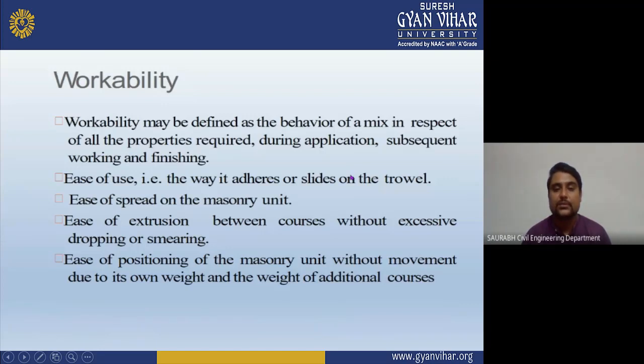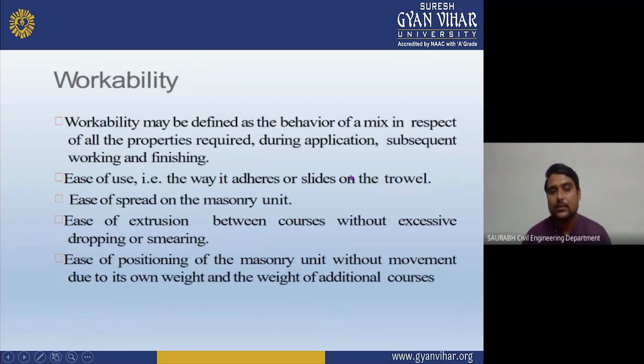Ease of use, like the way it slides on the trowel, ease of spread on the masonry unit, ease of extrusion between coats without excessive dropping and smearing, and ease of positioning of the masonry unit without movement due to its own weight and the weight of additional coats.